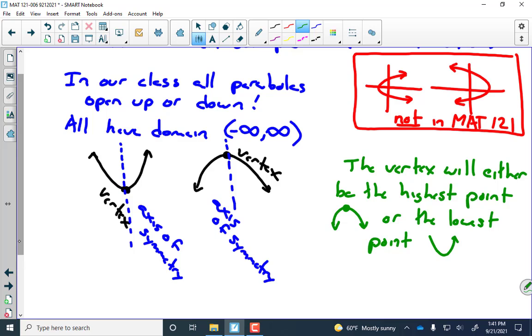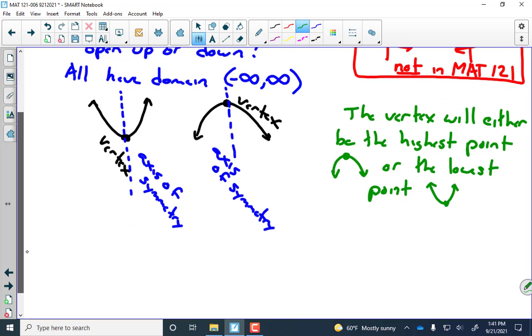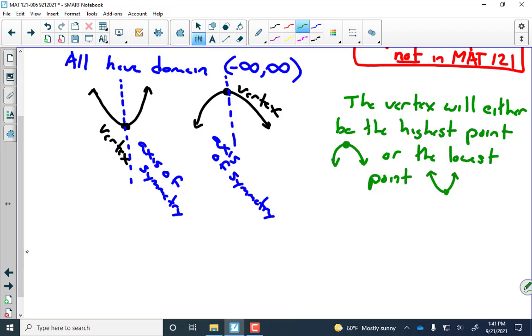Or the lowest point. So even though the domain is negative infinity to infinity, do you think this thing goes both up and down forever? No, it bottoms out or it peaks out. It's going to be one of those two things. It either has to have a highest point or a lowest point. So all we'll say about that right now is the range is never negative infinity to infinity.